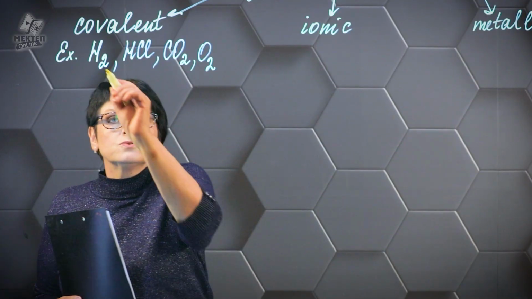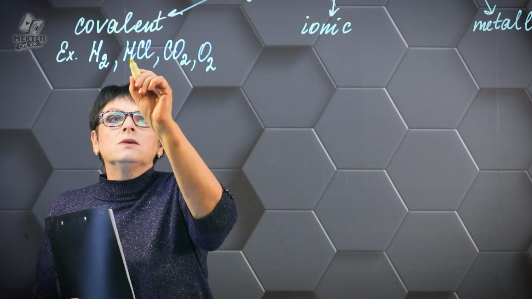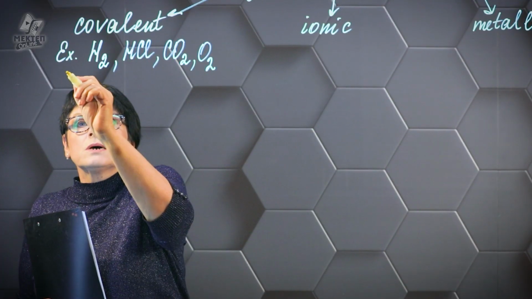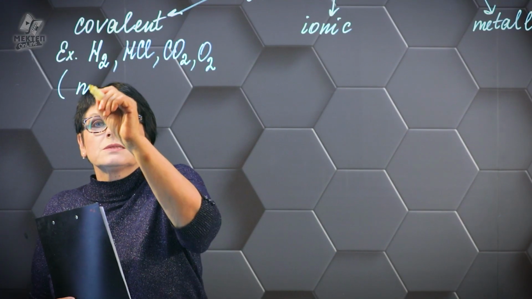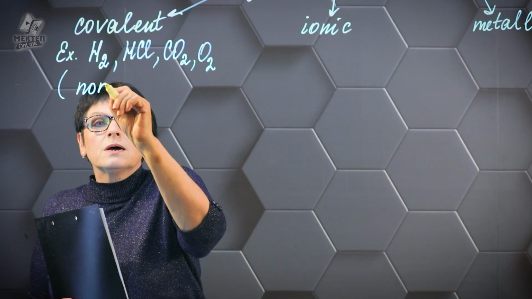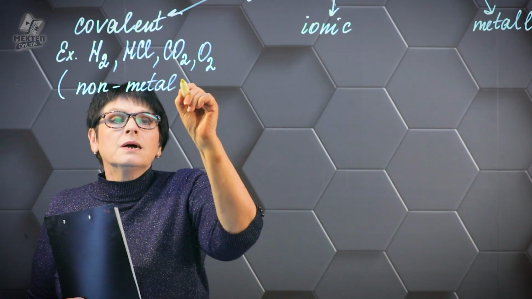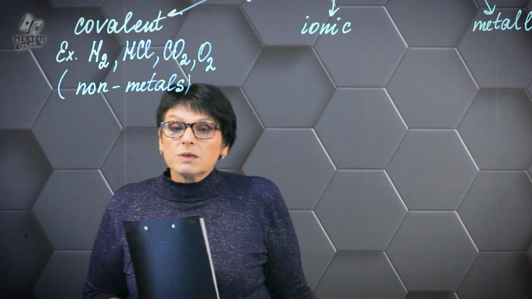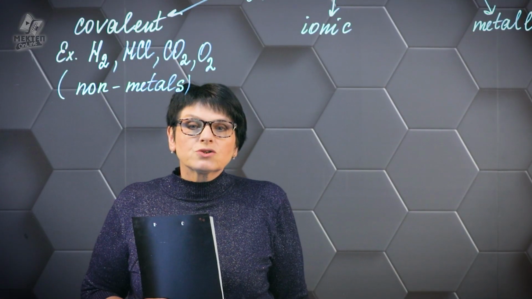If we ask ourselves what such a bond is formed between, it is easy to see that hydrogen, chlorine, carbon, and oxygen are all non-metals. Hence the simple rule of recognition: essentially they have to be non-metals. But from my examples, it's easy to see that they're not the same kind of example.